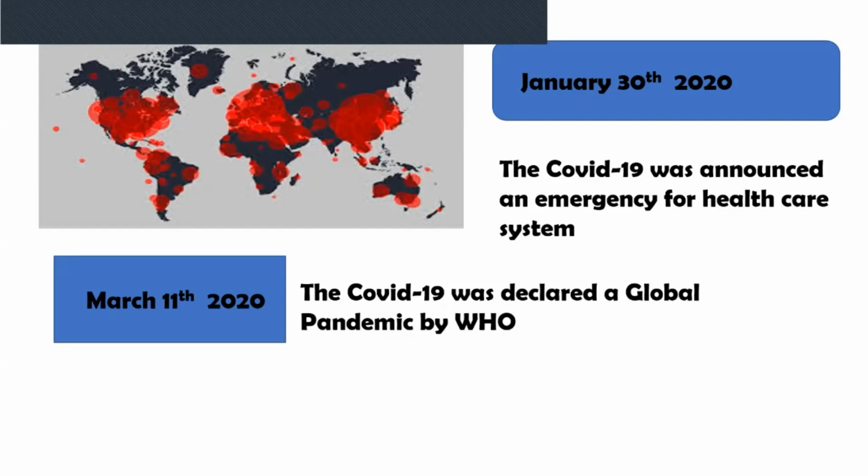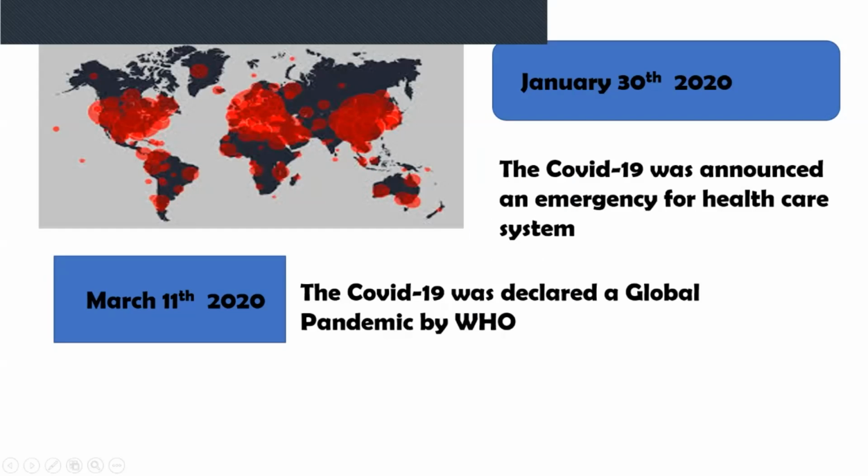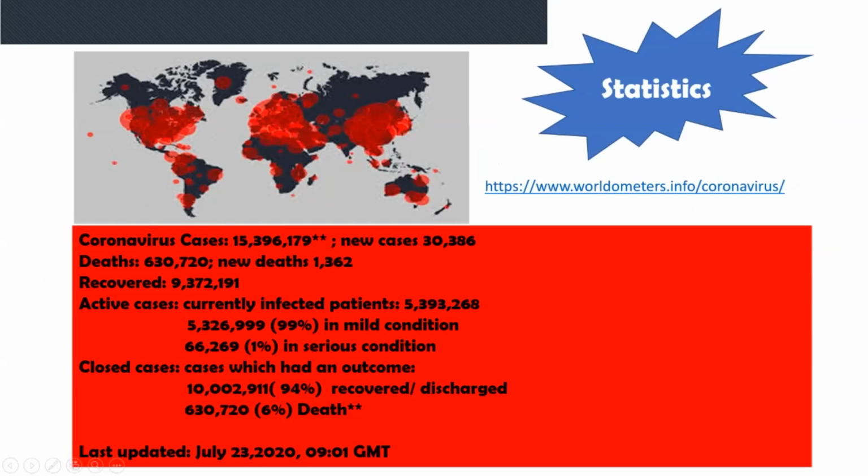Let's see the world map. You see, it's red, almost all red across the world. It's a global crisis. Okay, let's check the statistics.